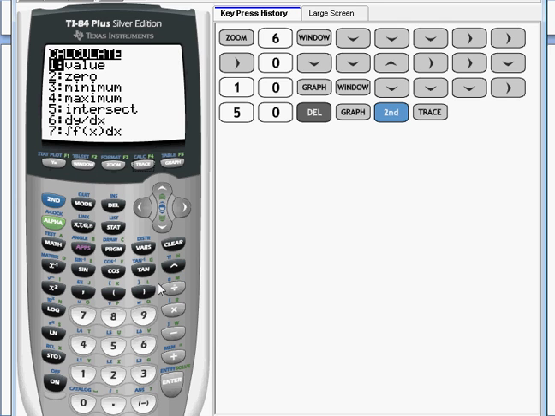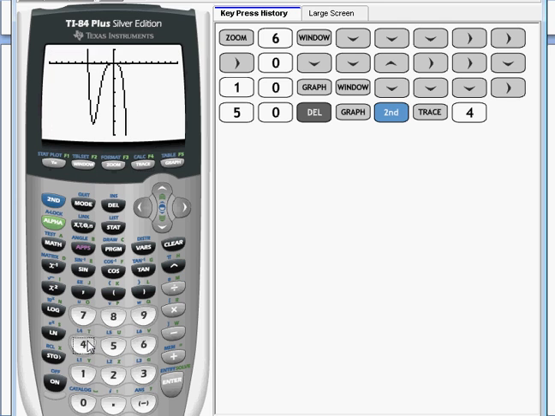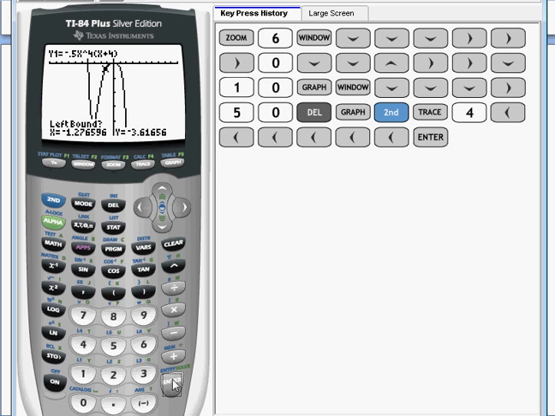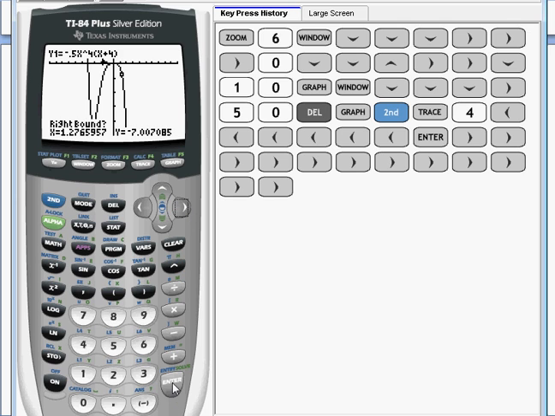So we're going to do maximum, number 4, and we want to be to the left of it, so press enter, and to the right of it, press enter, guess, yes. And again, this is the calculator's way of saying this is 0. There are 5 zeros in front of this 29, and then there are 21 zeros in front of this 14. So this is the calculator's way of saying 0, 0. You'd never want to write down an answer like this. You'd want to just write down 0, 0.